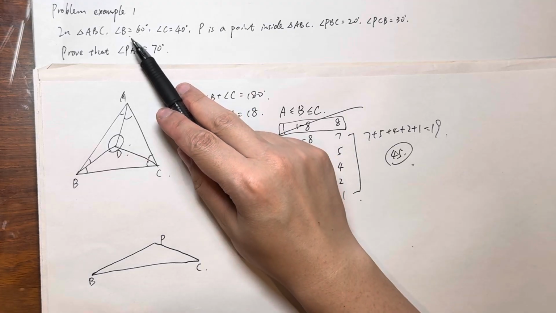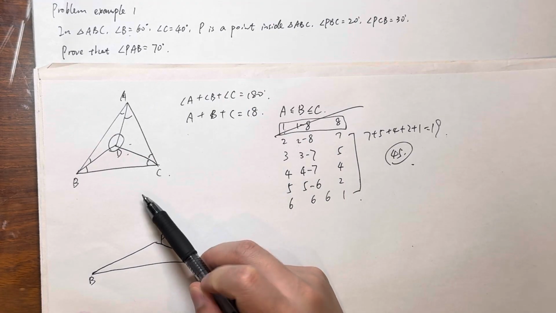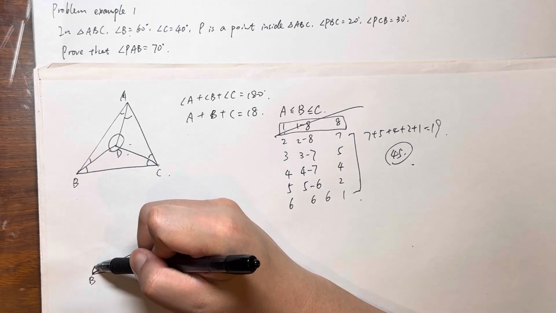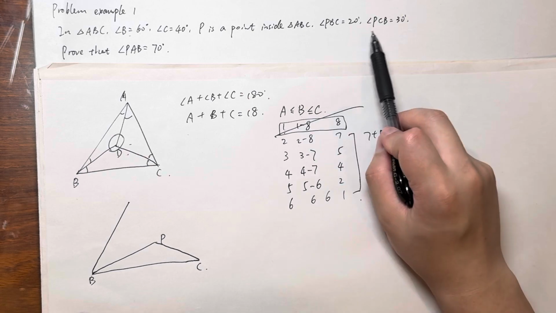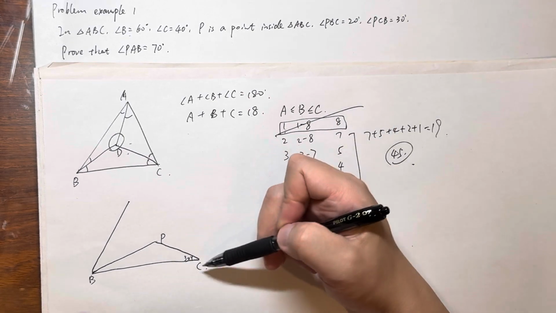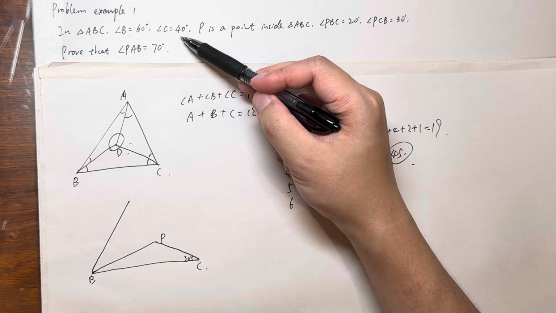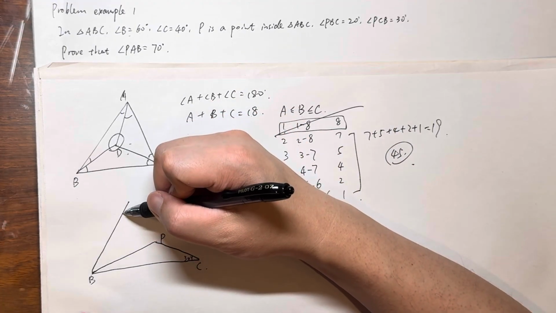And we already know that angle B is 60 degrees. That means angle PBA is 40 degrees, right? So 40 degrees here. And because angle PCB is 30 degrees, and angle C is 40 degrees, that means angle PCA is only 10 degrees.